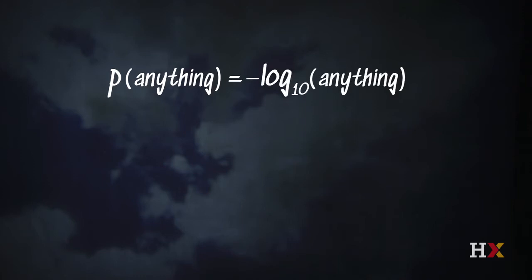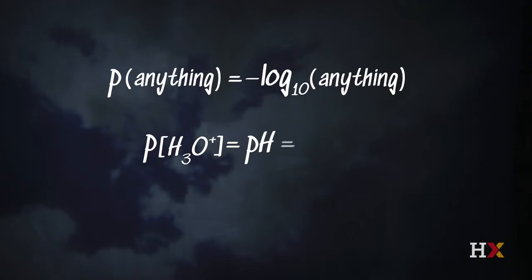For example, if I take P of the H3O+ concentration, I write that as pH because H is a shorthand term for H+, which represents the H3O+ concentration in the solution. And that means that I take minus log to the base 10 of the concentration of H3O+ in solution.